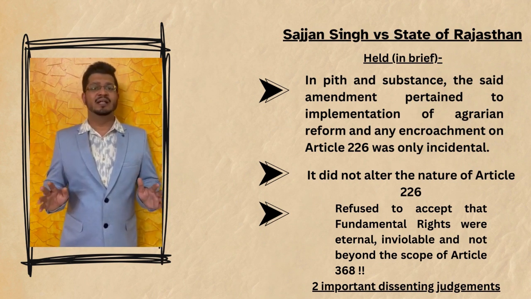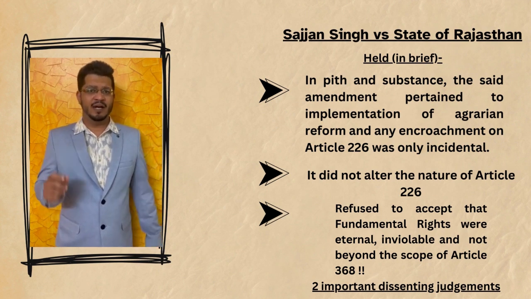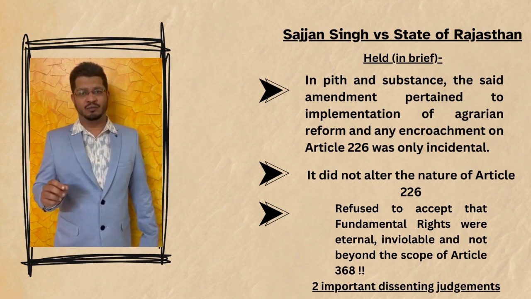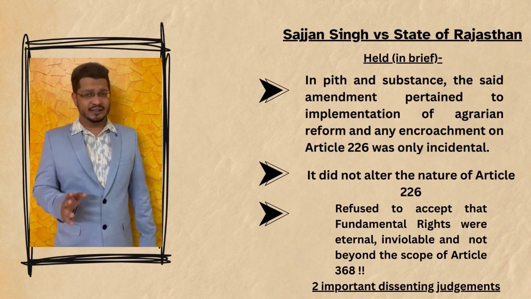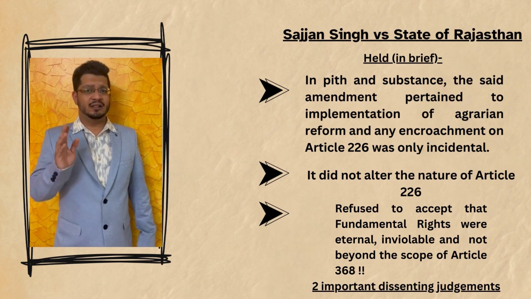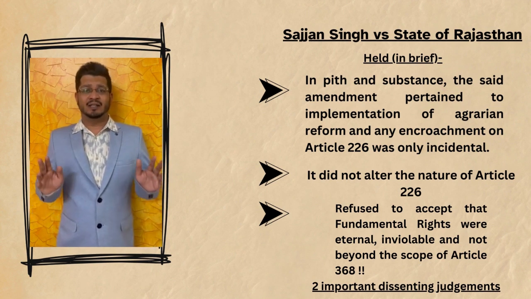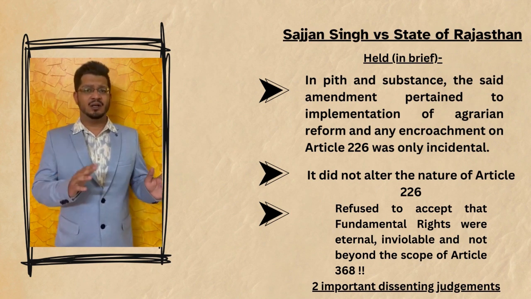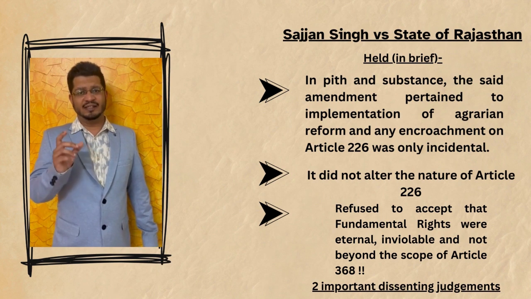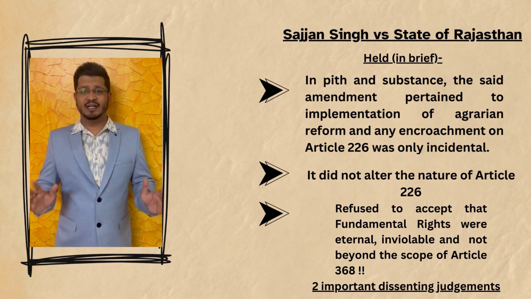Next, it was held that the 17th Constitutional Amendment was aimed at implementing the agrarian reform, and any effect it might have on Articles 136, 226 and Article 32 was merely incidental. It was held that this 17th Constitutional Amendment did not alter Article 226 in any way. Any encroachment on Article 226 was merely incidental.